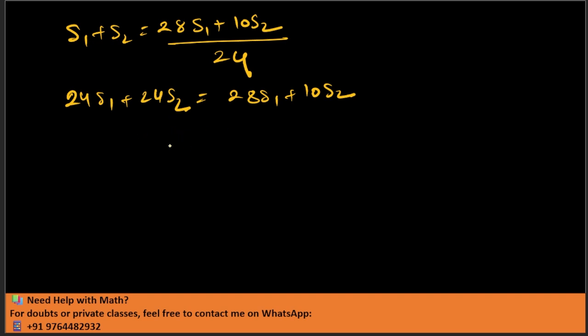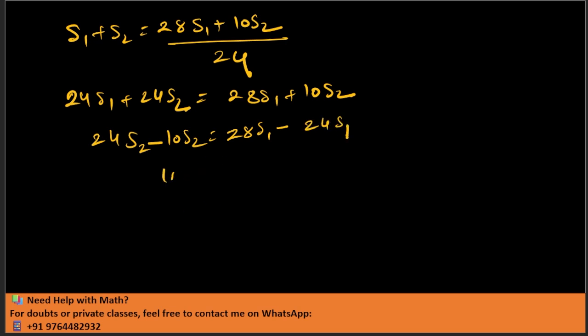Now I have to take the s1 and s2 terms, the same terms, on the same side. So take the s2 to this side: 24 s2 minus 10 s2 is equal to 28 s1 minus 24 s1.